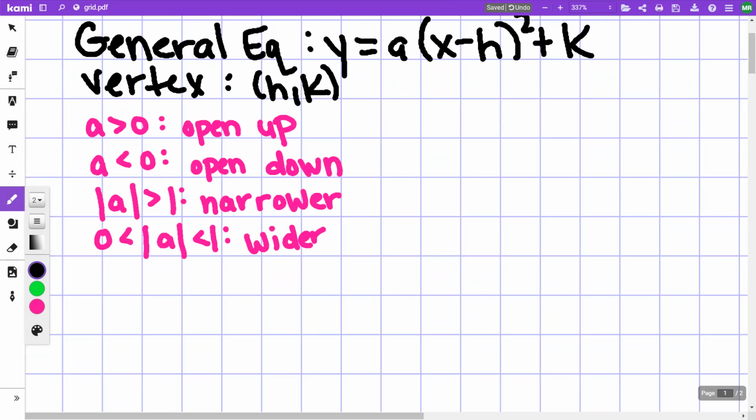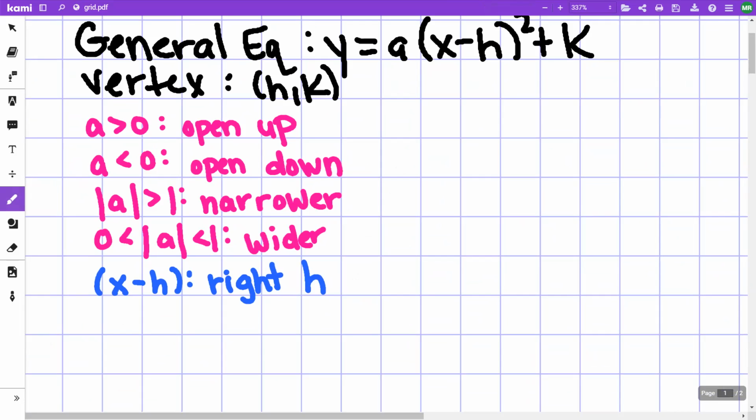Then when we're talking about the x minus h and x plus h part of this, if it's x minus a number, that means we're going to go right h. It's whatever makes that parenthesis 0. And here I'll put the square there too, that x minus h squared part of it. And if we have the quantity x plus h squared, that means since a negative is going to make that 0, we're going to go left h.